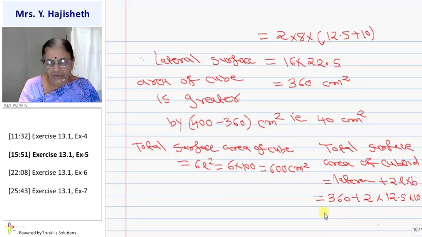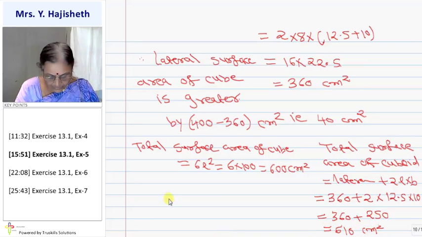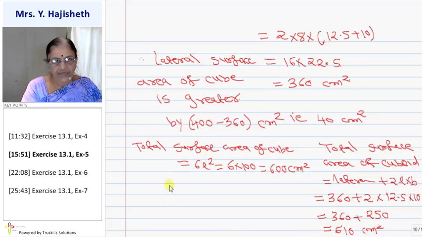So 125 into 2, 360 plus 2 into 125, so 250. So my answer is 610 centimeter square.